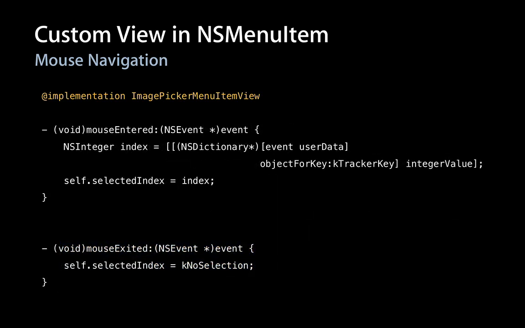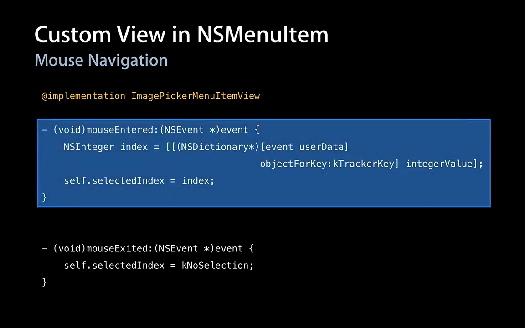So now that we have our tracking areas implemented and in place, and they automatically get updated whenever the system thinks that they need to be updated, we can go ahead and implement our mouseEntered responder method. And so you could just call userData right off of event, and this will be that user info dictionary that we added to the tracking area. We'll grab our index value out of there and just set our property selectedIndex to that index.